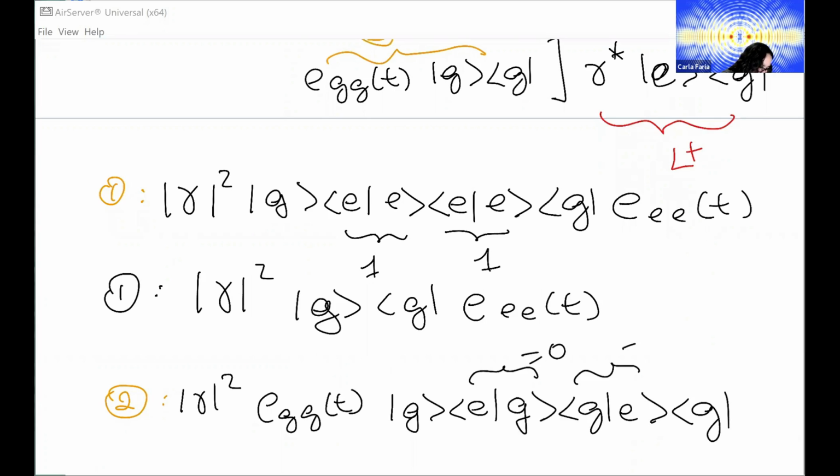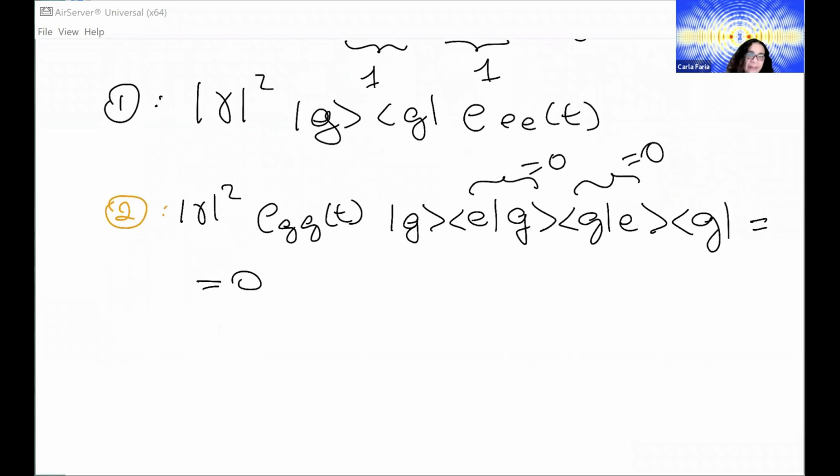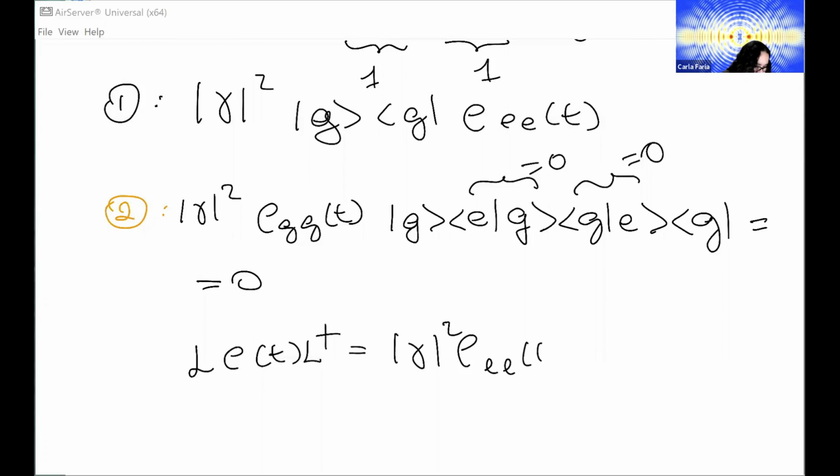So this is 0, and this inner product is also 0. Therefore, we know that this term is going to vanish. Therefore, we can conclude that L rho T L dagger is modulus square gamma rho EET GG. So it went down as we expected.